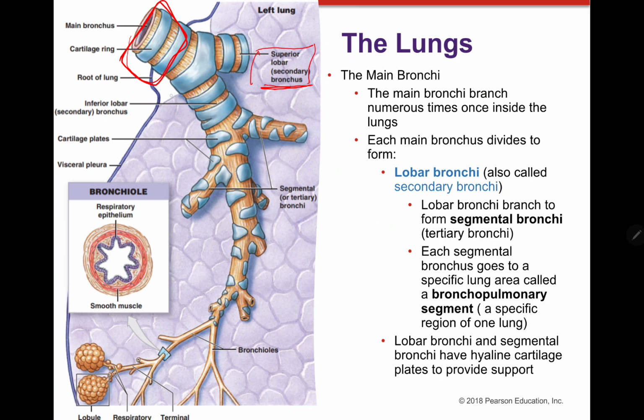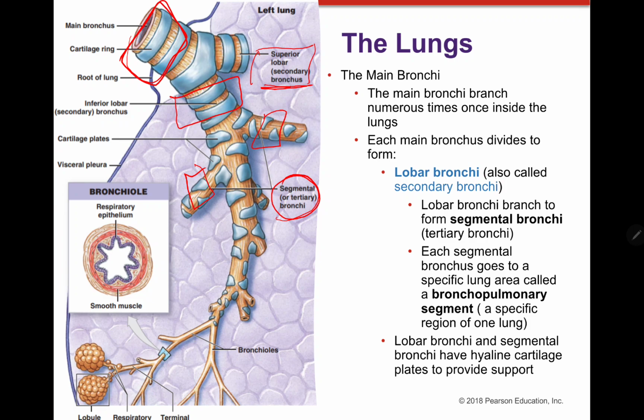So we have a superior lobar and an inferior lobar bronchus. This specifically looks at the left lung. Those secondary lobar bronchi branch to form segmental bronchi, which are tertiary bronchi. Each segmental bronchus goes into a specific area of the lung called its bronchopulmonary segment.